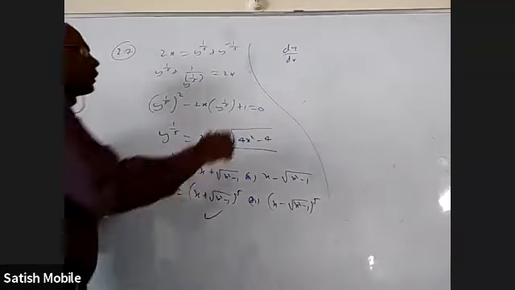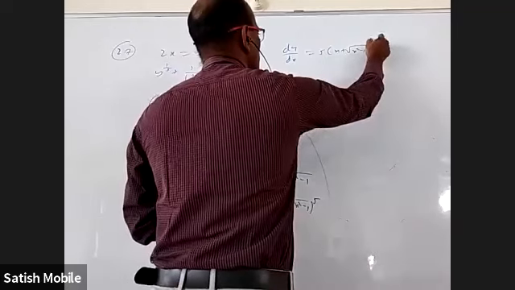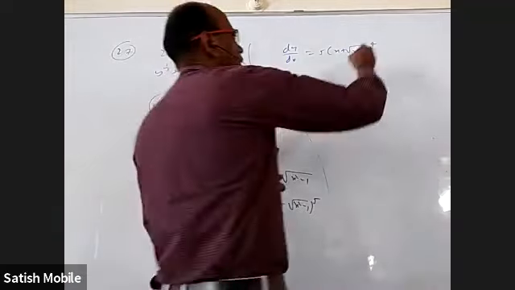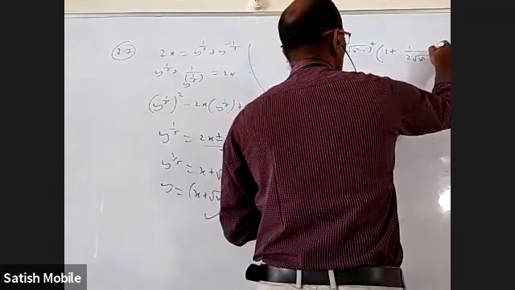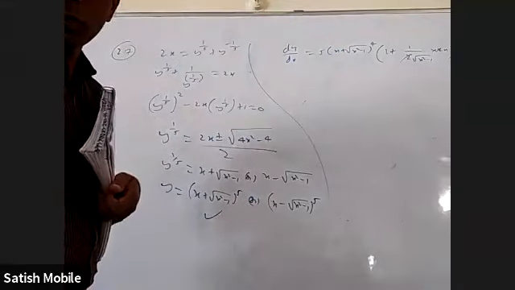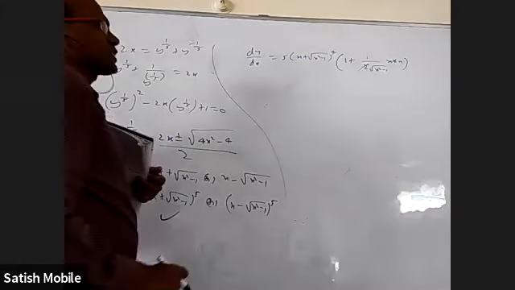I just took this. I'll get 5 into (x plus root over x square minus 1) power 4 into the derivative of the inner part. Derivative of x is 1 and derivative of this is 1 by 2 root x square minus 1 into 2x. You have to notice two things here.